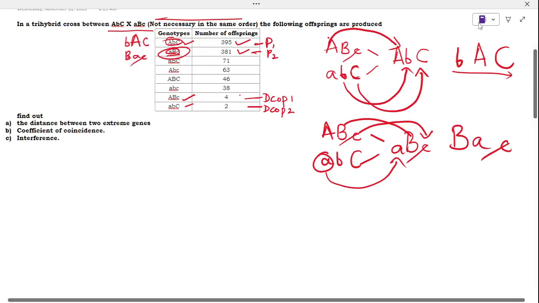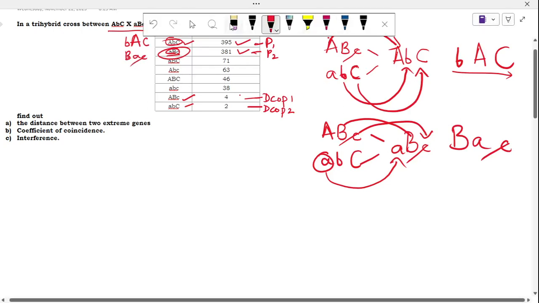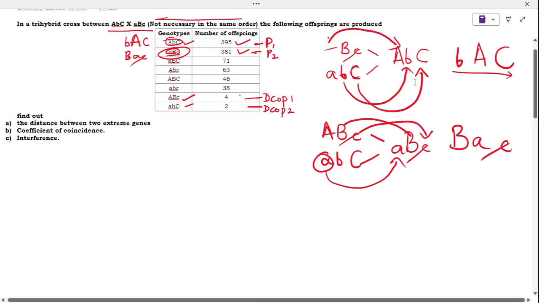So this is the parental arrangement of chromosomes here, and the parental arrangement of chromosomes here. We can easily find out the other combinations here.